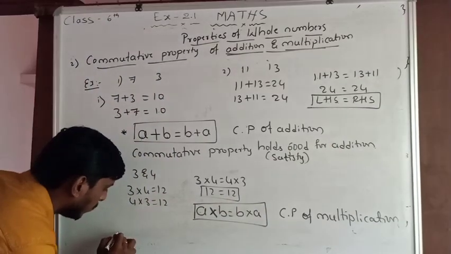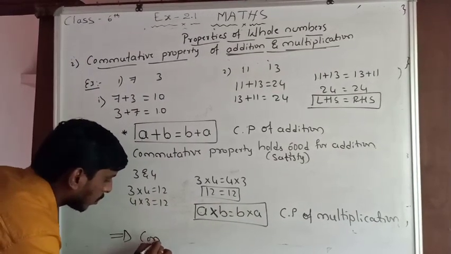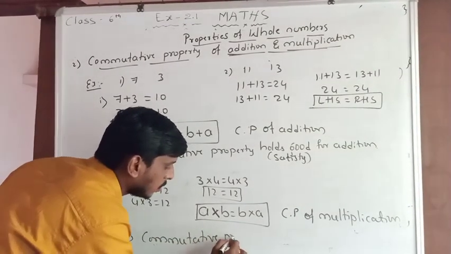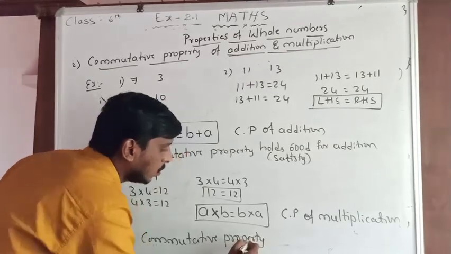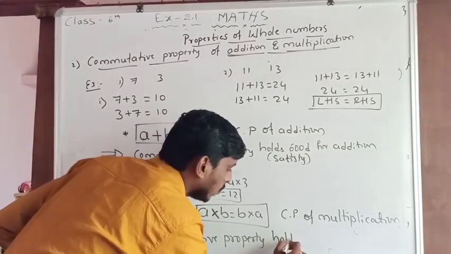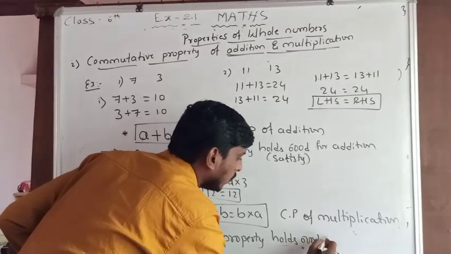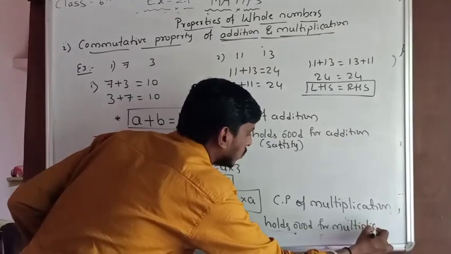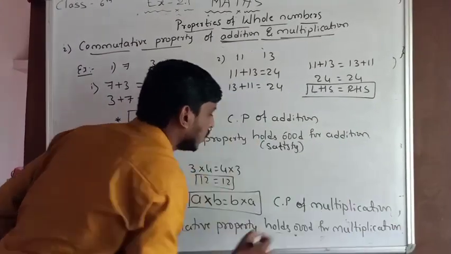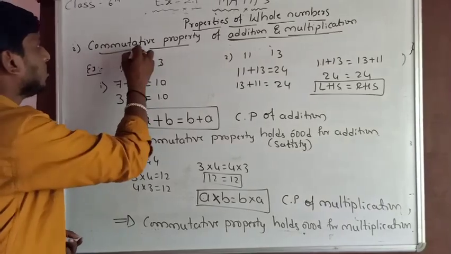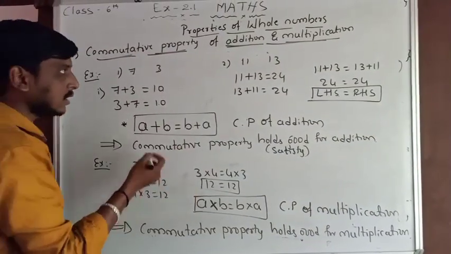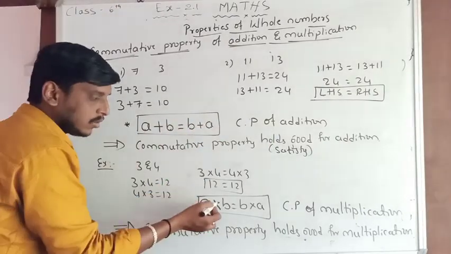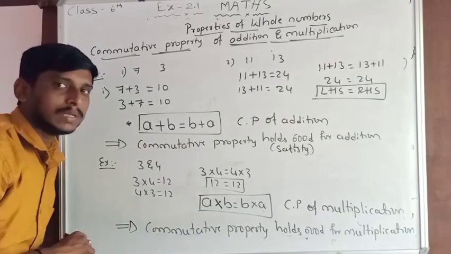Similarly, commutative property holds good or satisfies for multiplication. So commutative property holds good for addition as well as multiplication. A plus B equals B plus A is for addition. A into B equals B into A is for multiplication.